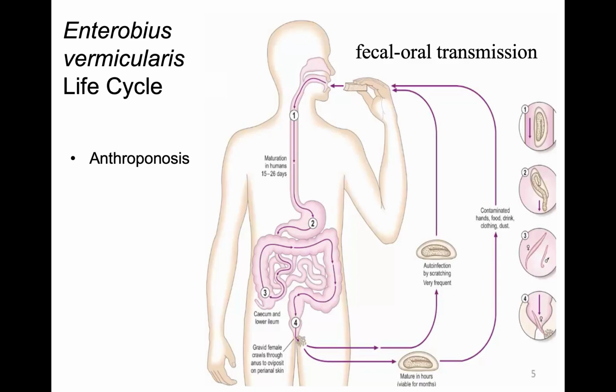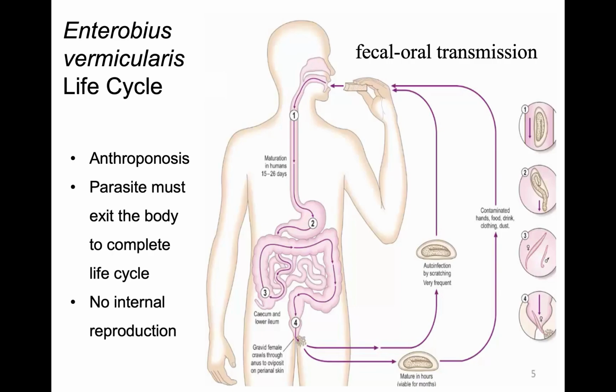And this is an anthroponosis disease shared by many people, and the parasite must exit the body to complete the life cycle. The theory is that the temperature for the parasite eggs to develop needs to be below the body temperature.